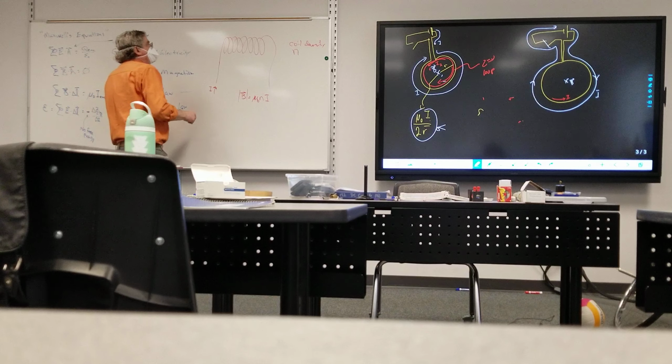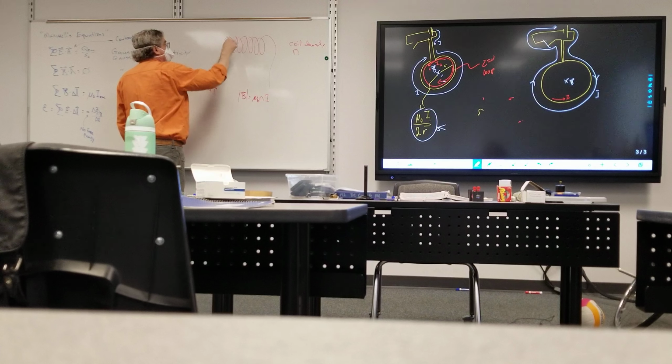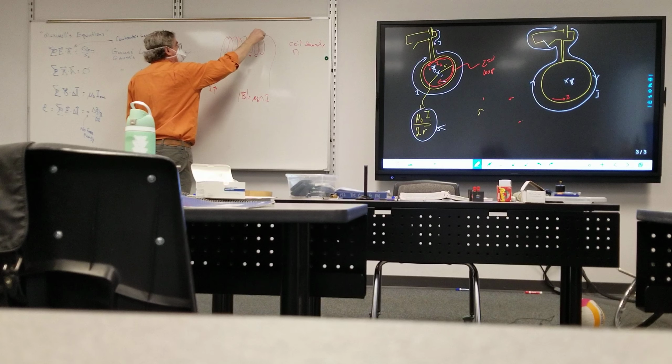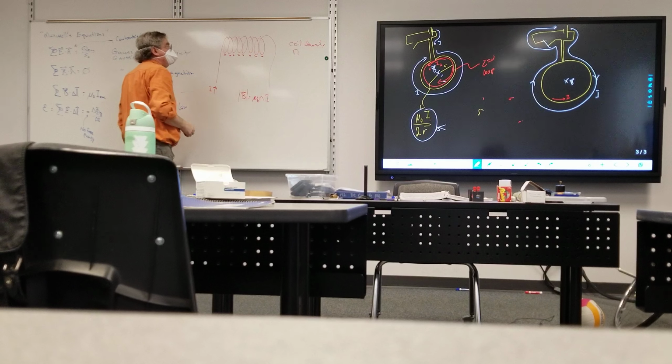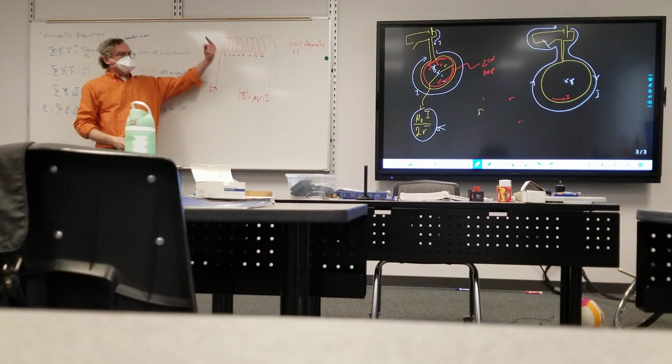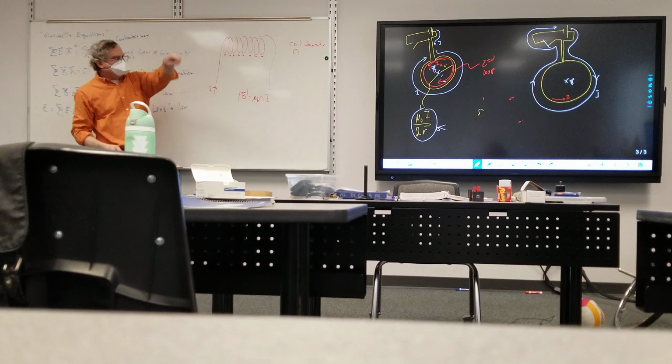Let's see, so let's have this coming towards us at the top and away from us at the bottom. So the wire is coming up this way and looping around like this. So towards you at the top and away from you at the bottom.